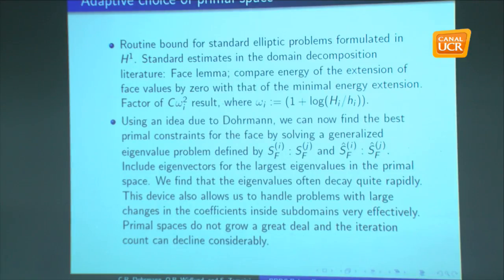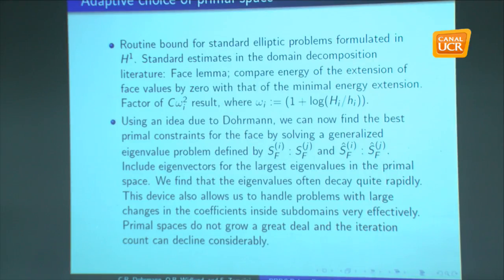Now, using the ideas of Dohrmann, we can turn this into an adaptive method. We look at these two parallel sums, and we look for the eigenvectors associated with the largest eigenvalues, and we put them in the primal space.